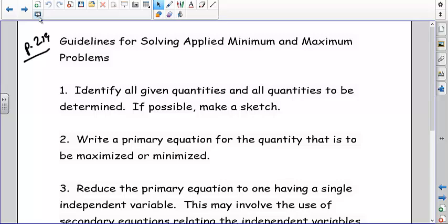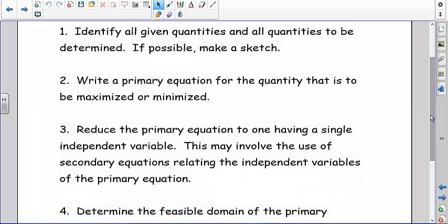So typically you have to use this secondary equation to reduce the primary equation to having only one independent variable, because we are studying calculus of one variable. If you take Calc 3, you'll do calculus of multiple variables, but right now we're just doing one variable.